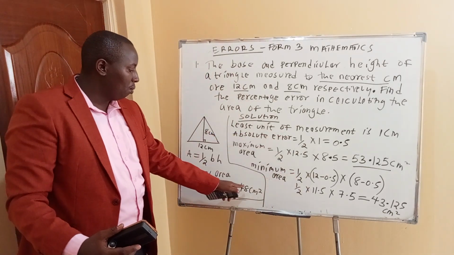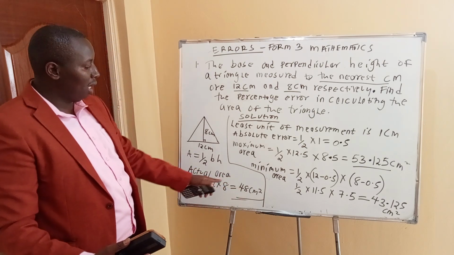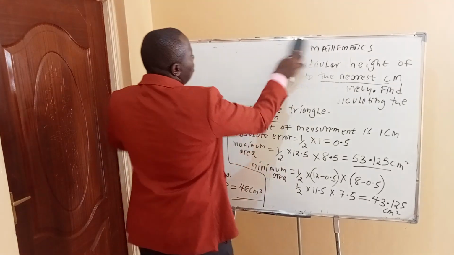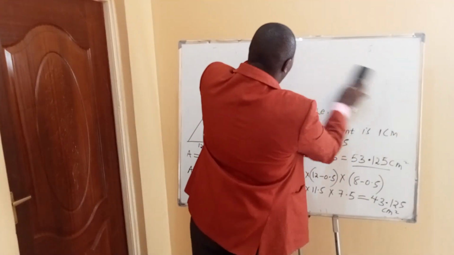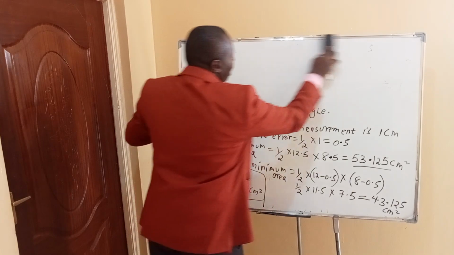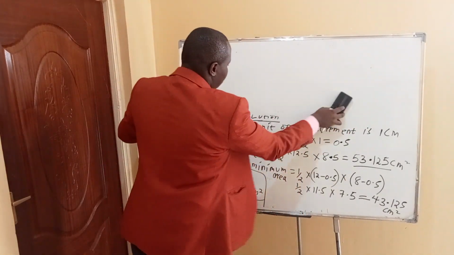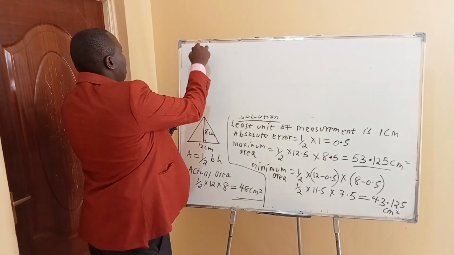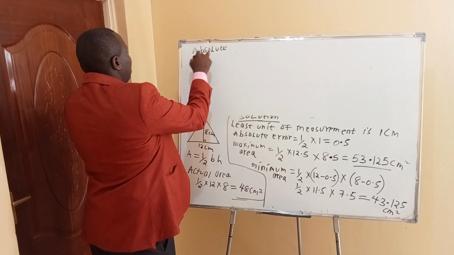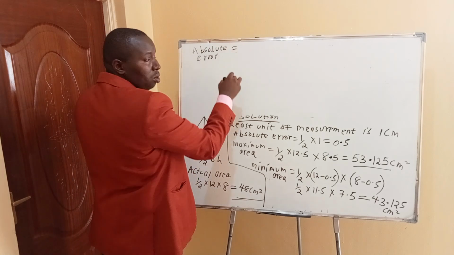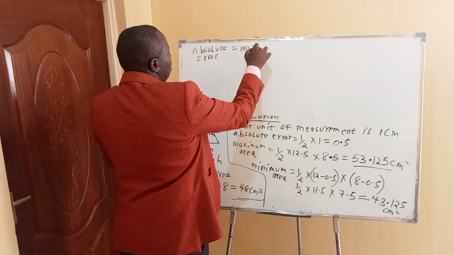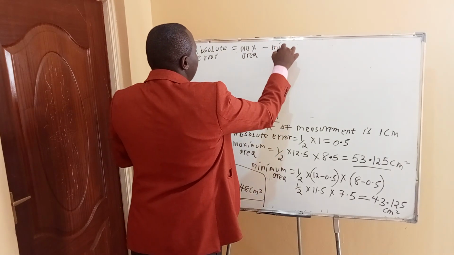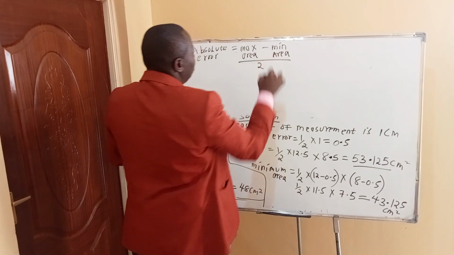Then you have the actual area. Now I want us to find the absolute error in this question. The absolute error is equal to the maximum area minus the minimum area, divided by 2.